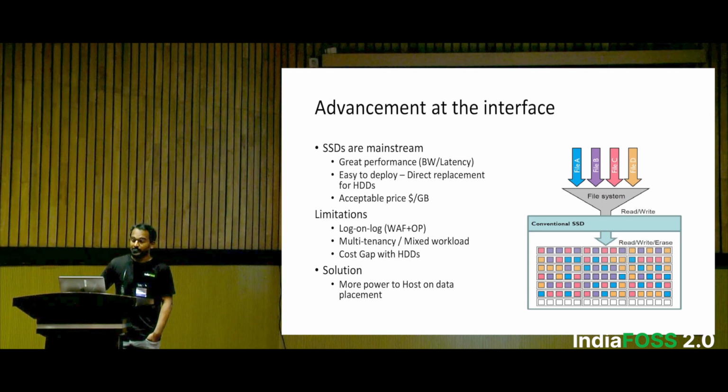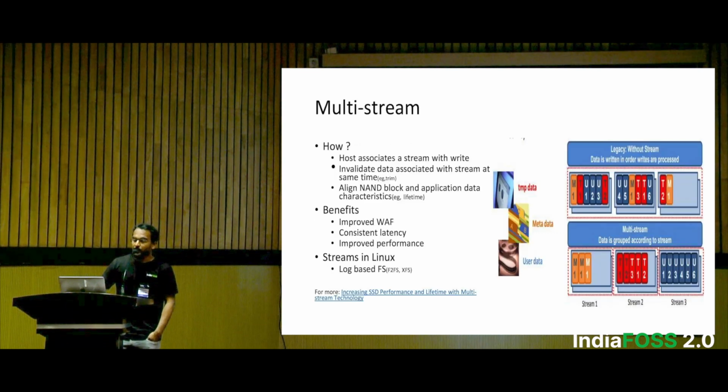And to solve this, the next solution was to give more power to the host, where they can keep different sets of data. The next set of SSDs, not exactly new SSDs, but a feature added to SSDs called multi-stream, wherein along with the data you could provide an intelligence, something called a stream ID, so that the device will understand these sets of stream IDs should be grouped together and stored together.